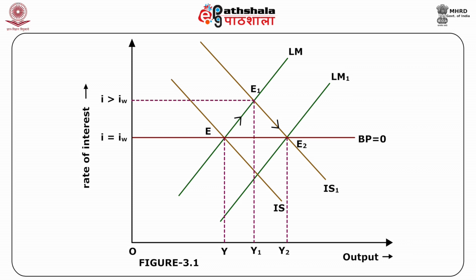This increase in money stock will lead to rightward shift in LM till domestic and world interest rates are equal. As you can see from this diagram, the new equilibrium is at E2, where I is just equal to IW. The output has further increased to OY2, the level that is attained when there is absolutely no crowding out.